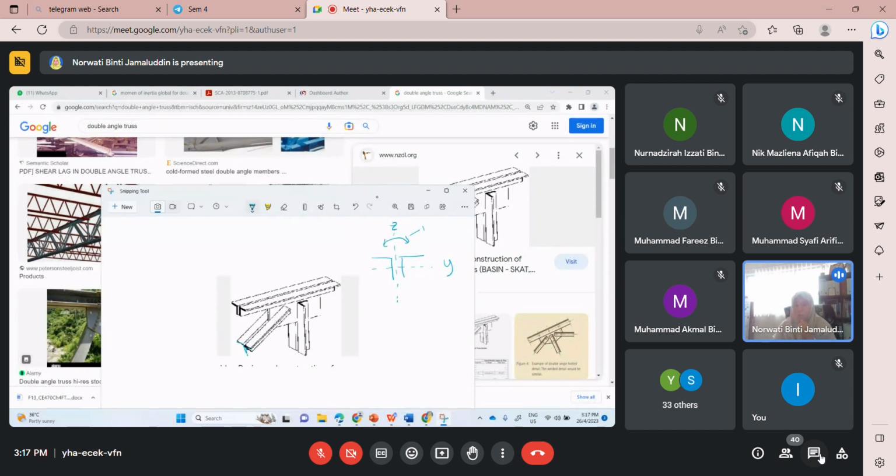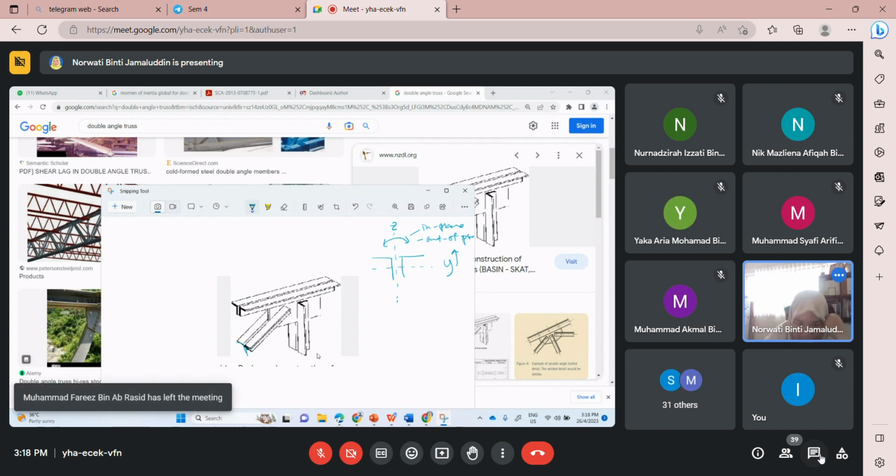In plane, out of plane. Which one? In plane or out of plane? Y axis, in plane or out of plane? Which one? Who can tell me? Based on this arrangement, I take this one as the example.